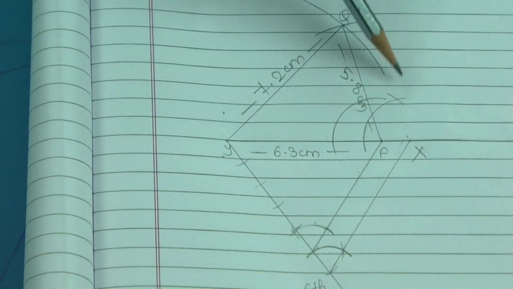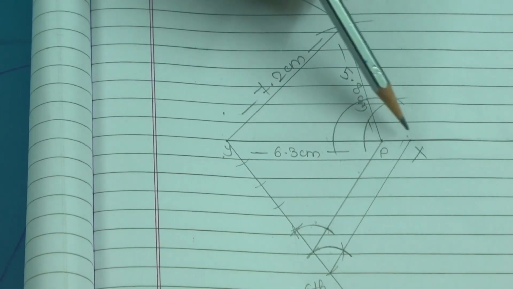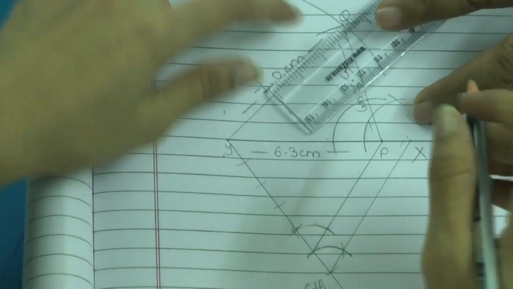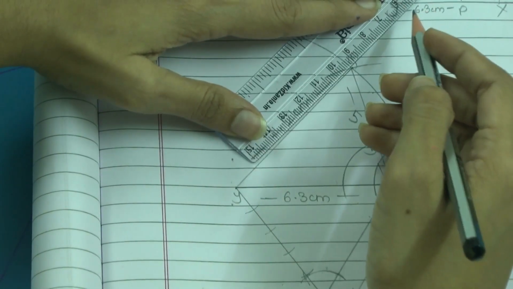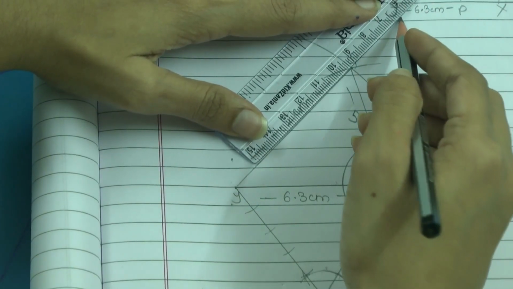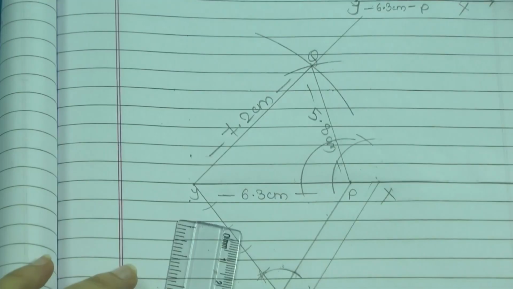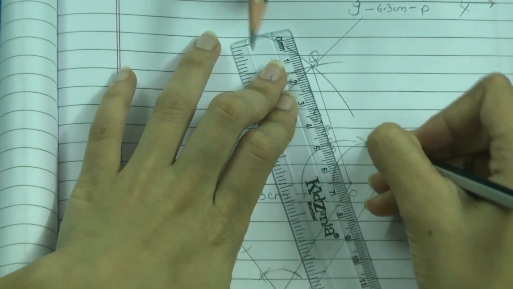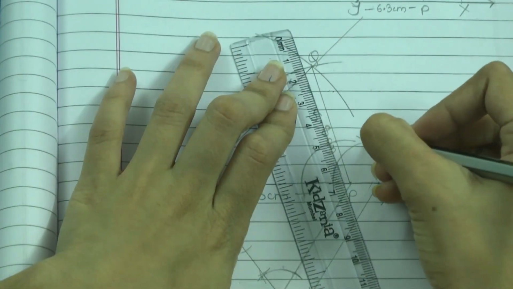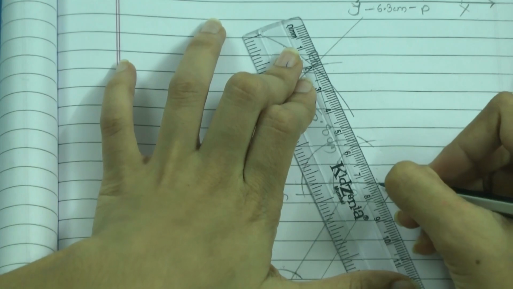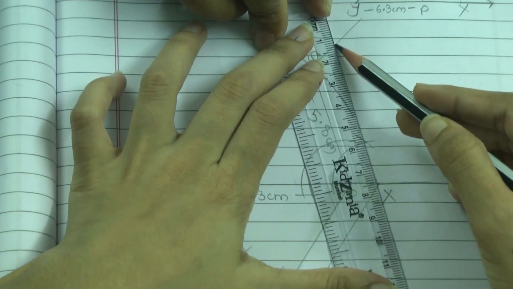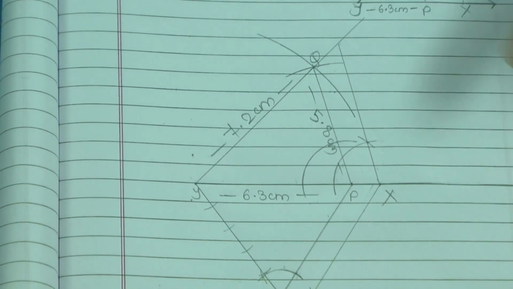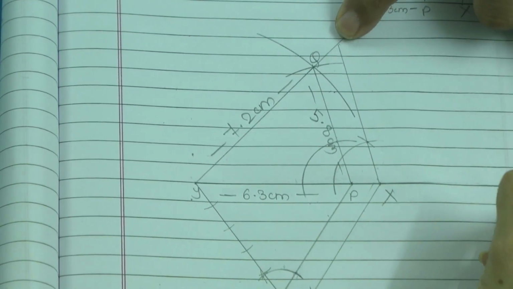Now, this point and X point, which we have got, locate it. Extend first this line. Okay. Now, these 2 points should be located and joined. Join it. Yeah. This is your point Z over here.